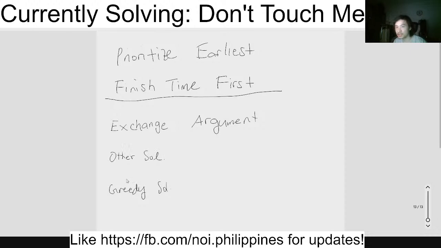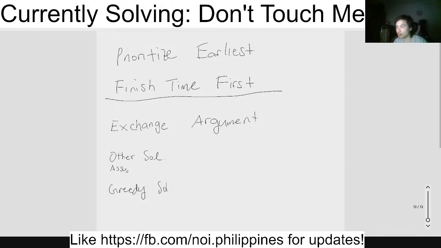You're going to assume that there's another solution out there that's not my greedy solution, and that was actually the right one. I was wrong, the greedy is wrong, that was actually the right one.